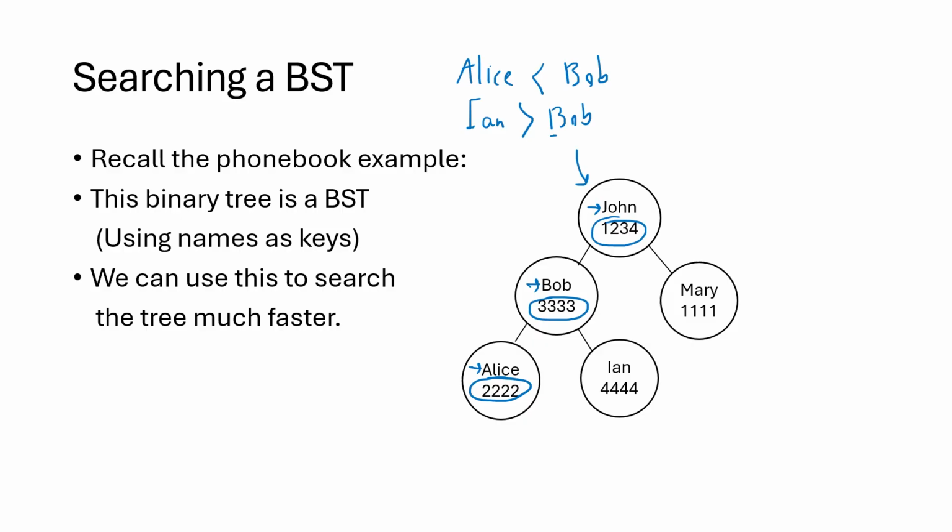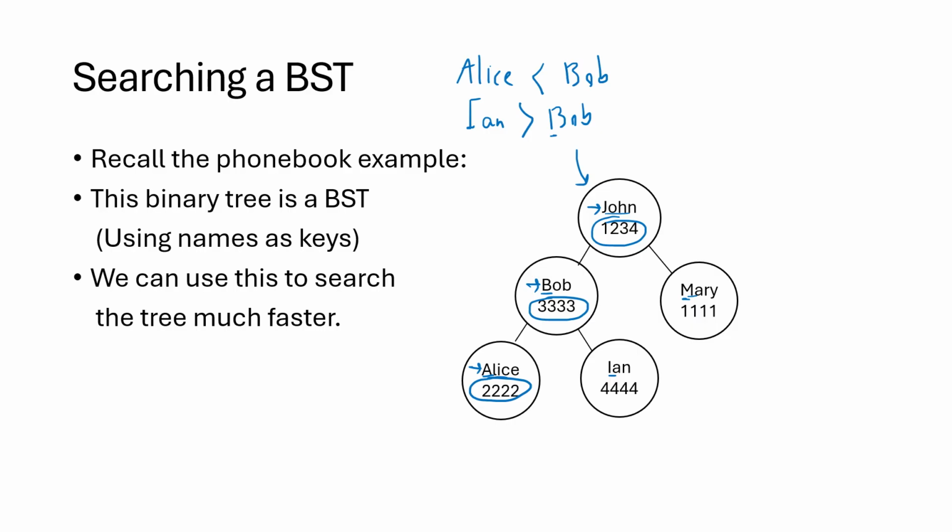If you think about this type of less than or greater than, then you see that this is actually a binary search tree, because everything on the left side of John, Bob starts with B, Alice with A, Ian with I, all of them are less than J, and then Mary on the right side, M is greater than J, so Mary is on the right side, and the same with Bob.